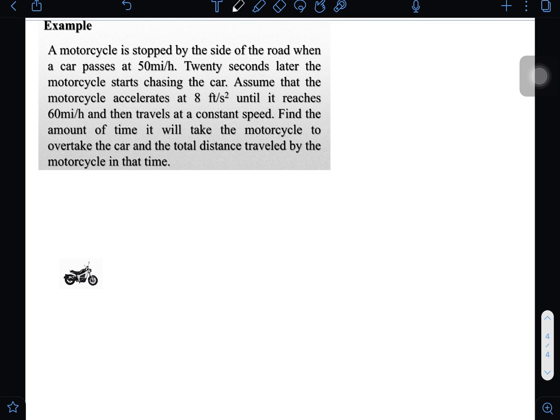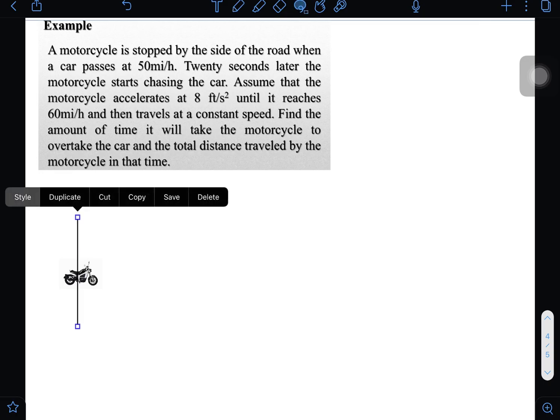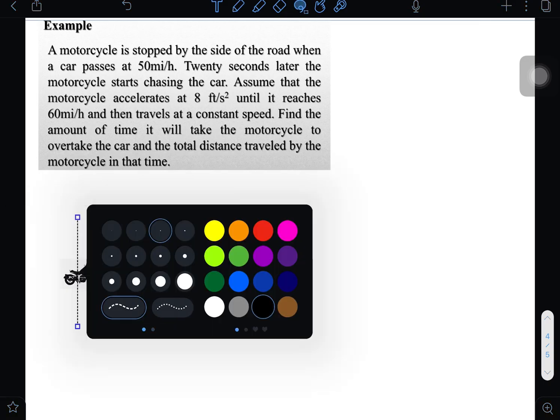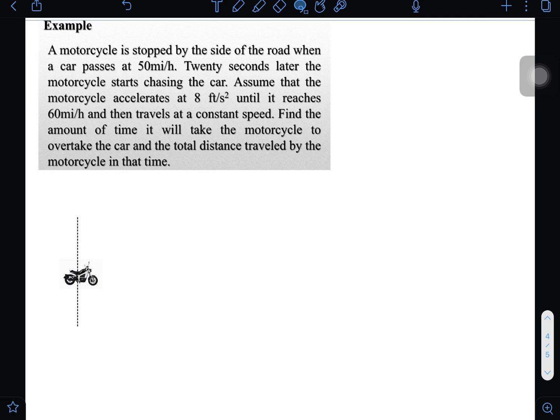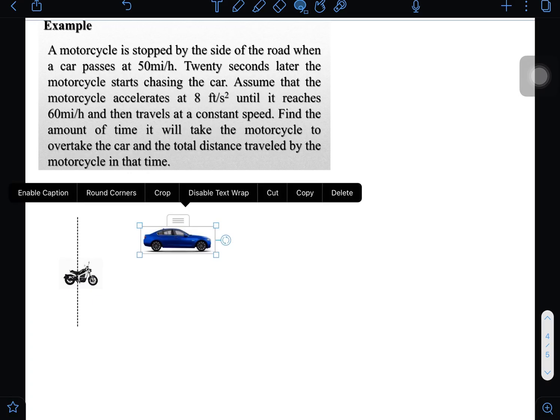So, first, let's say, for example, we have this position of the motorcycle, the initial point where the motorcycle is stopped. And then suddenly there is a car that passes through this reference point of the motorcycle. Say, for example, here.